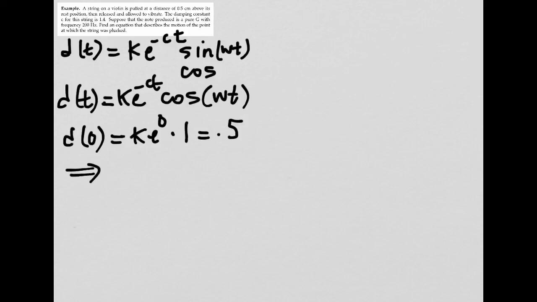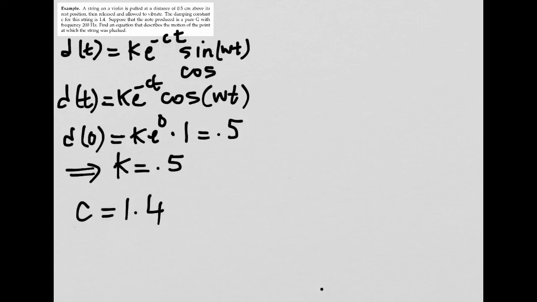So when you solve, K is 0.5. Furthermore, we know that the damping constant C is 1.4. We know K, we know C, it remains to figure out omega.